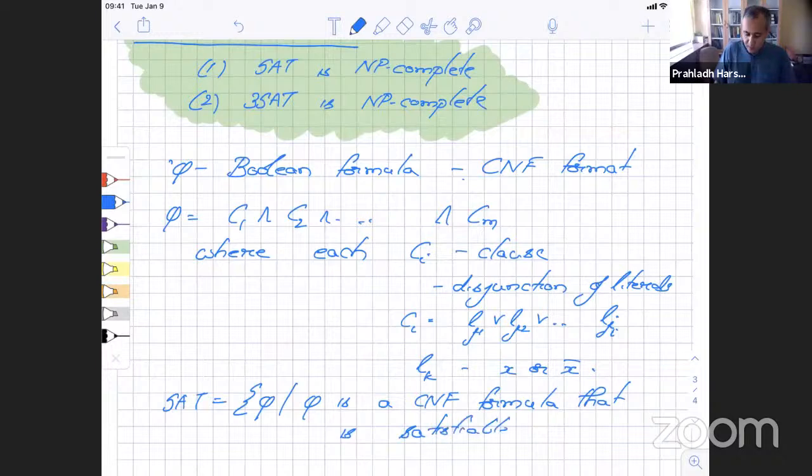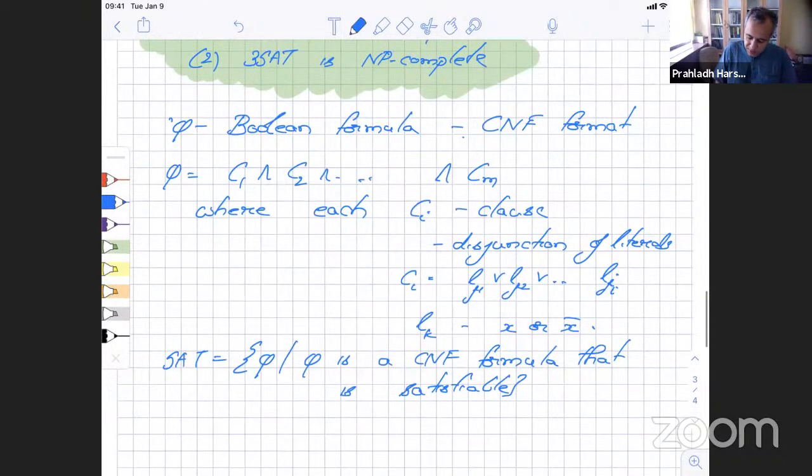I'll spend some time in a couple of minutes on why CNF formulas are nice. A special case of this is 3-SAT, so we'll work with 3CNF. A clause need not have exactly three literals, right? That's right.